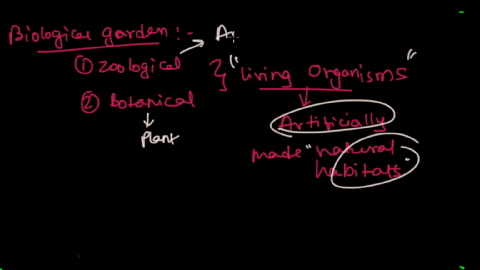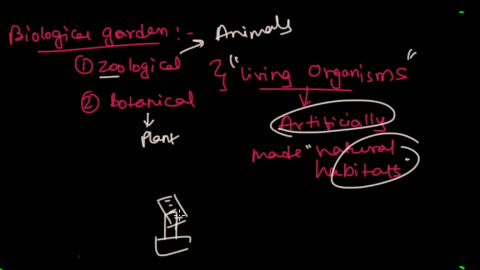Zoological gardens include animal species. Now if you have ever gone to see a zoo, which we call a zoological park or zoological garden, you'll be finding organisms like some animal here, say a Bengal tiger, and you will have a board kept in front of its cage for visitors.